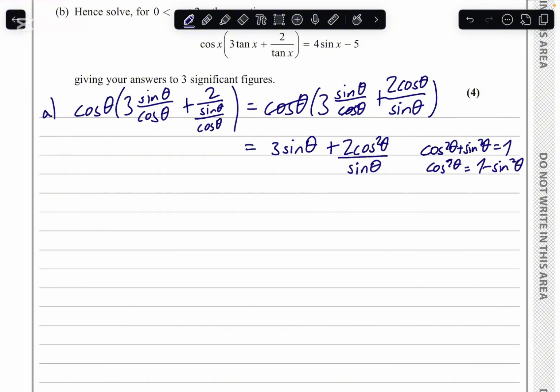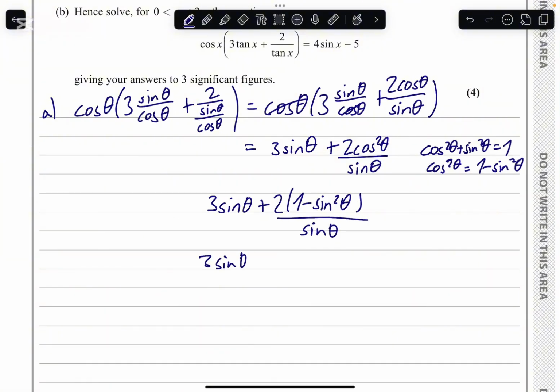If we put 1 minus sine squared theta instead of cos squared theta, let's go ahead and do that. We will be left with 2, 1 minus sine squared theta all over sine theta. Expanding that bracket, we'll get 2 minus 2 sine squared theta.